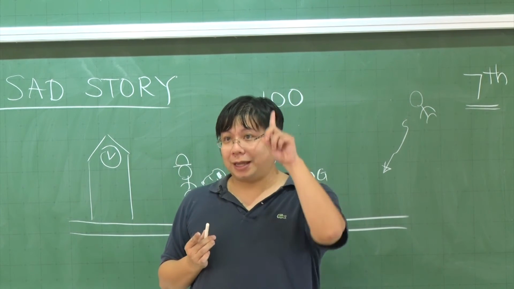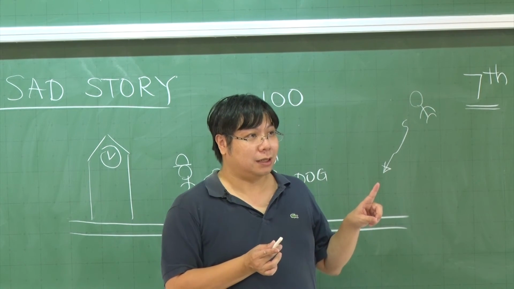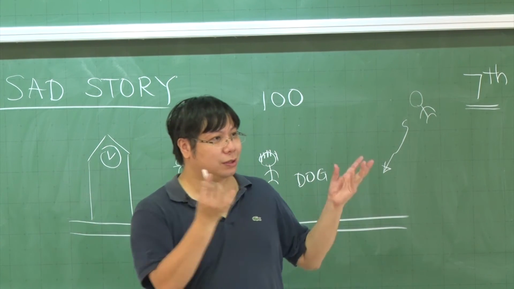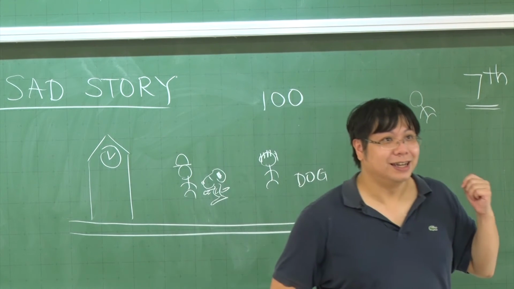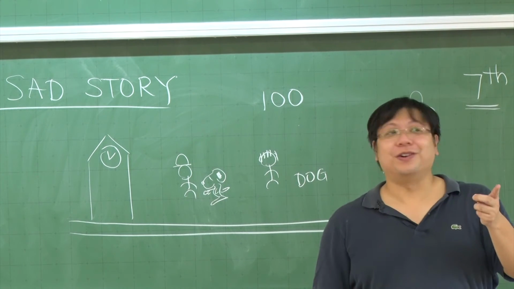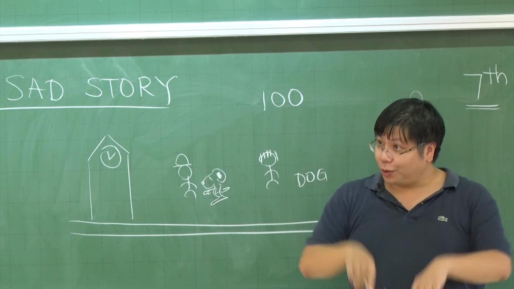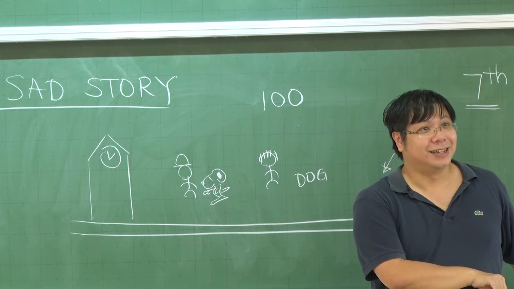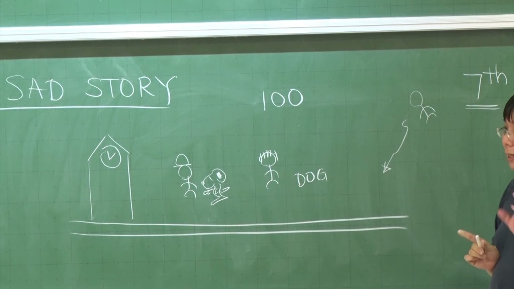Suppose that on the first day, you know that your dog is sick. How can this happen? How can I know the dog is sick? Yes? No one else's dog is sick. Very good, exactly. If you see no one else's dog is sick, then you know your own dog is sick, because you trust the visitor. The visitor says there is at least one dog sick.